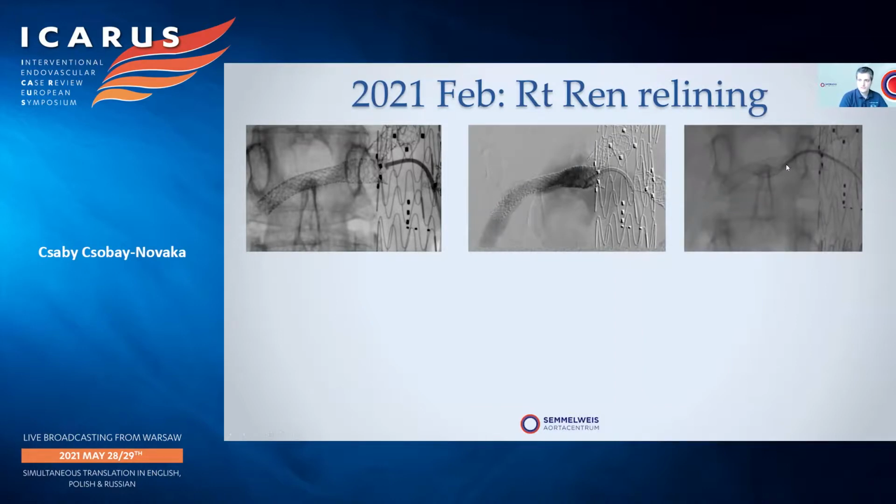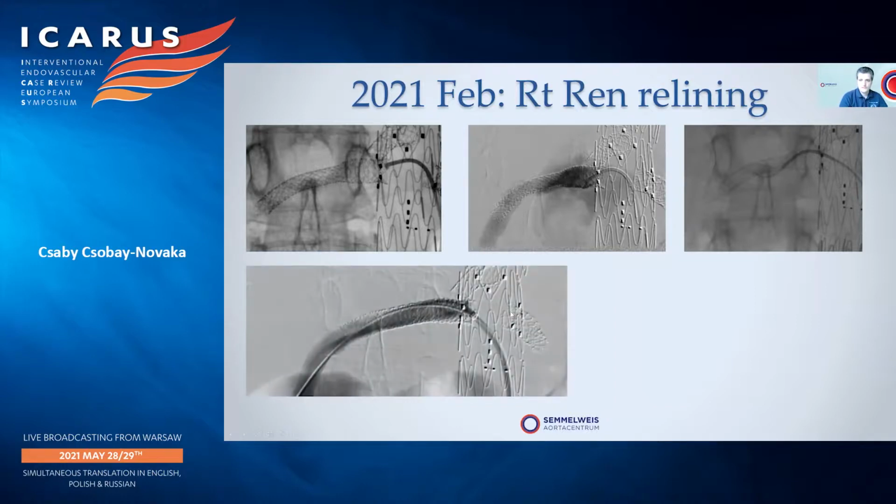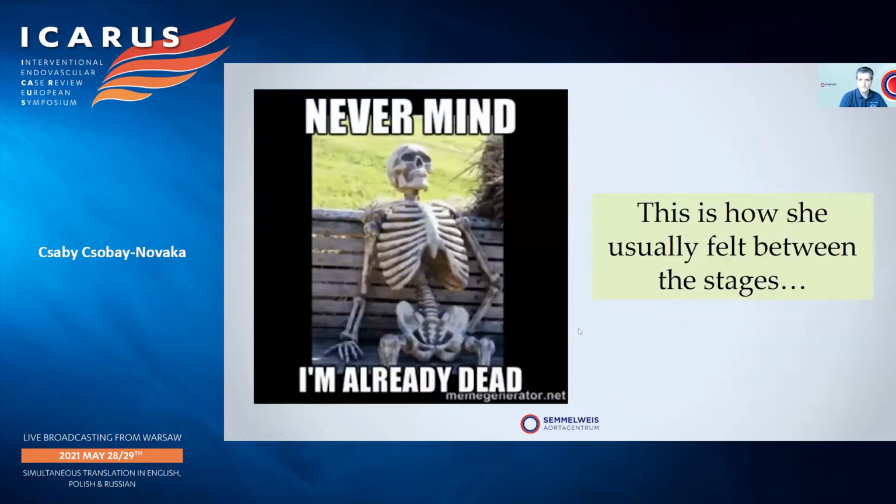Once I wanted to insert the guide wire to do a relining, it went out through the struts without any resistance. So we did a relining to achieve a sealing of the aneurysm or the false lumen, and scheduled the patient for the 6 months follow-up, which will be due this summer.